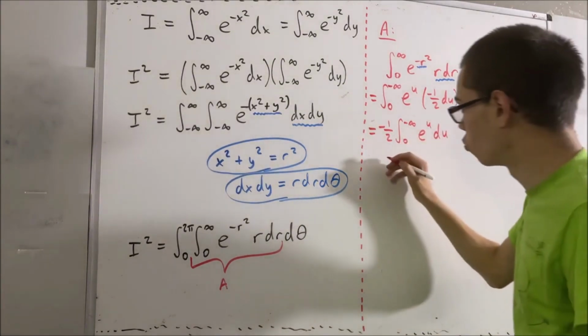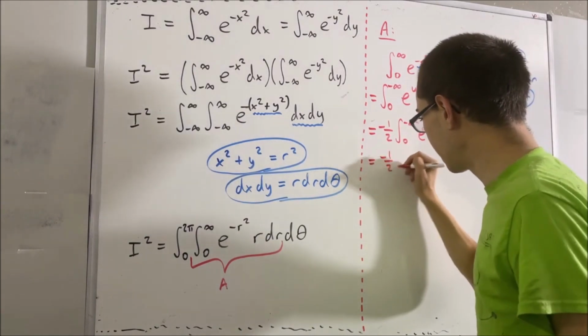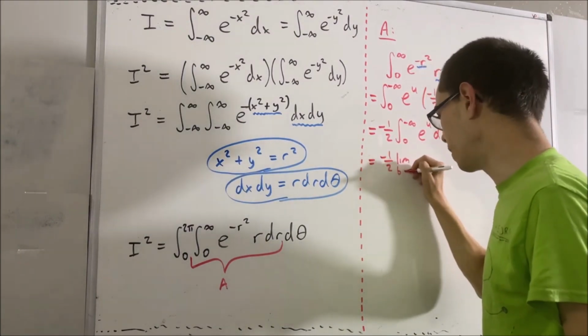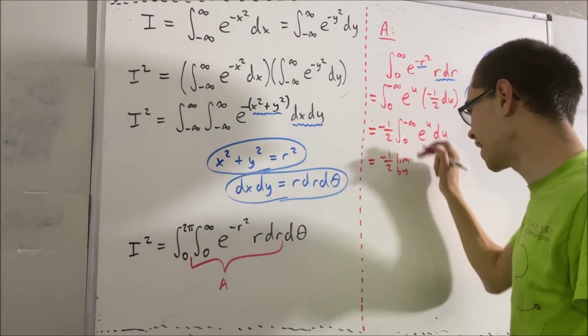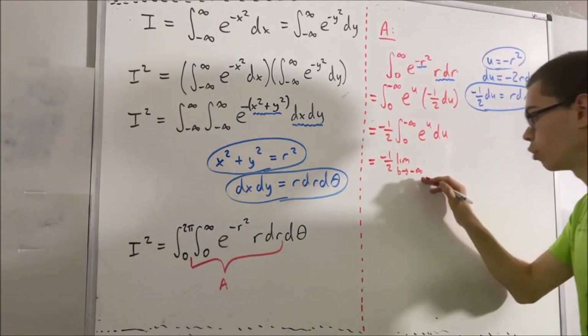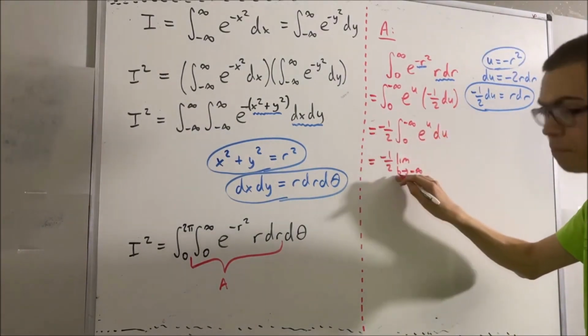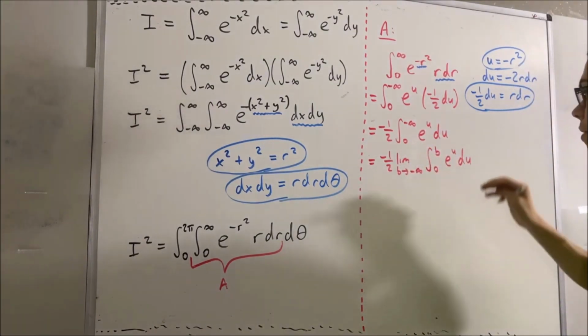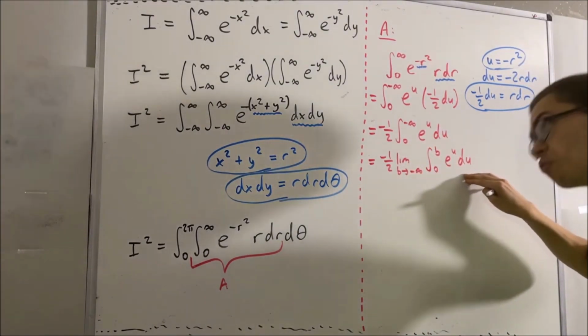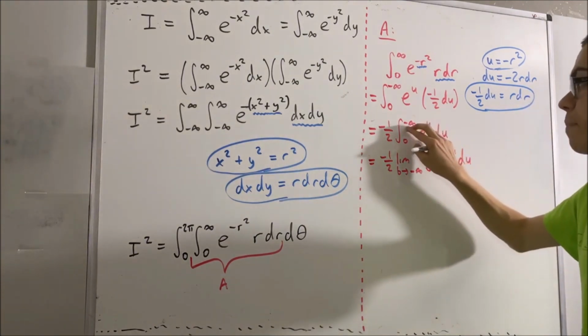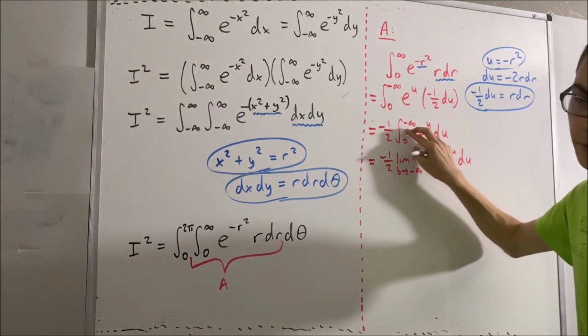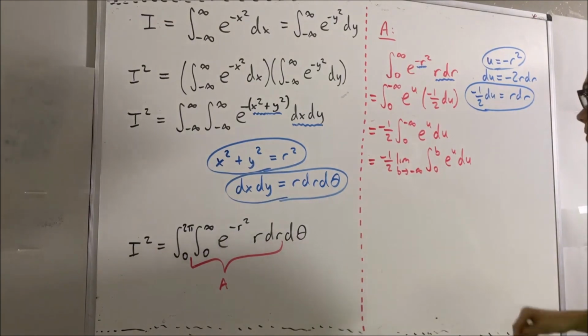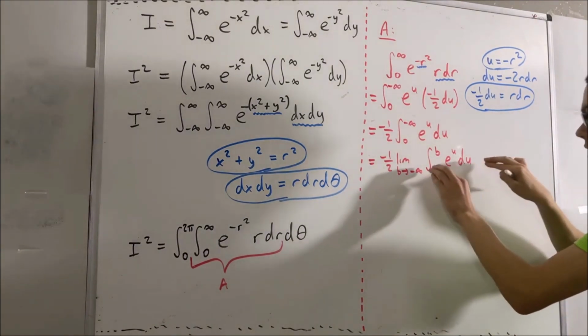In other words, we say limit as some number b approaches, in this case, negative infinity, and we replace that bound with b. So something like this. Because this is really what it means for this bound to be at negative infinity. It's really a limit.